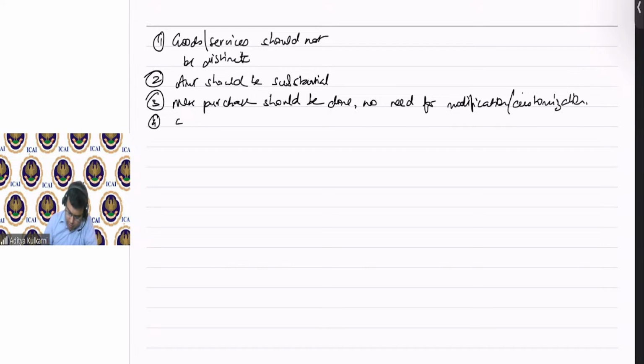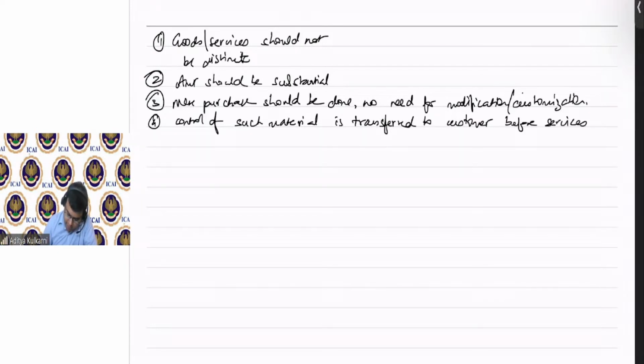And fourth one, control of such material is transferred to customer before services are performed. Before services are performed.